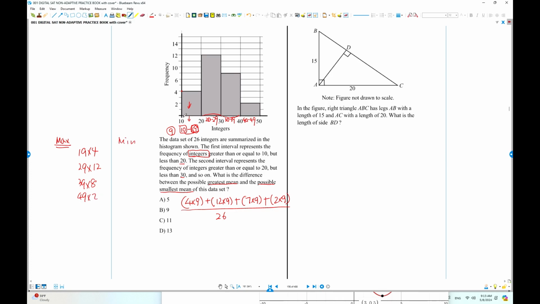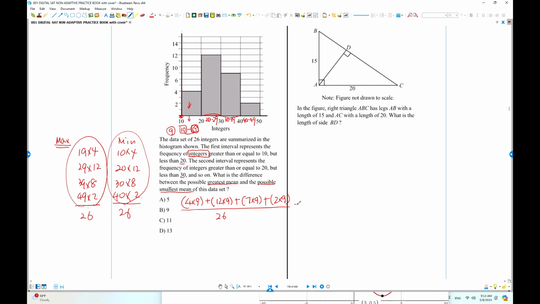Minimum 10 will be, right? 10 times 4, and 20 times 12, the next one is 30 times 8, and 40 times 2. You can find the sum of this one and find the difference. Or after you find the mean value, this one divided by 26, this one divided by 26, and find the difference. Okay, you can do it that way too, okay?